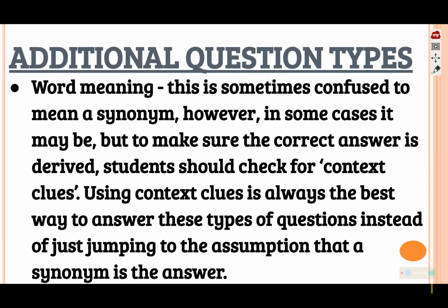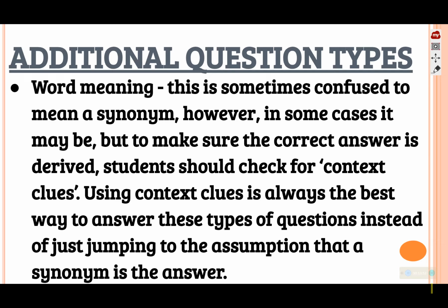Context clues is basically that you go back into the passage and you read the sentence or the paragraph in which the word is in and try to derive an answer that if you take out that word and you replace the word that you think is the word meaning, the sentence should feel the same, it should read the same, it should mean the same.